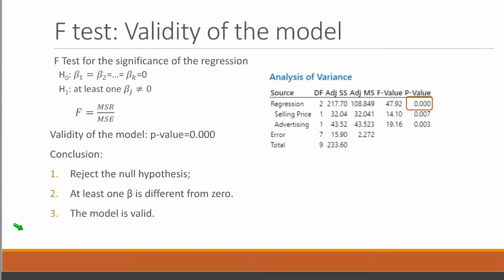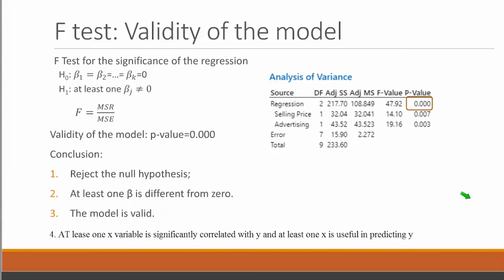So allow me to add something, number 4, meaning at least one x variable is significantly correlated with y, and at least one x is useful in predicting y. That's something else you can say for this test as well. All right, so that's our test.